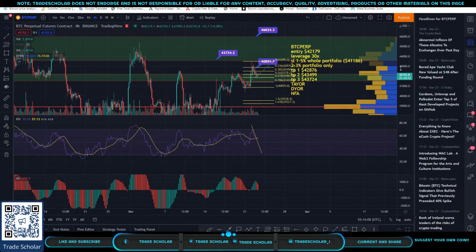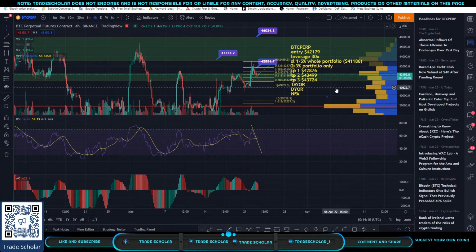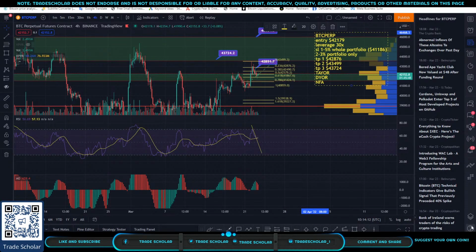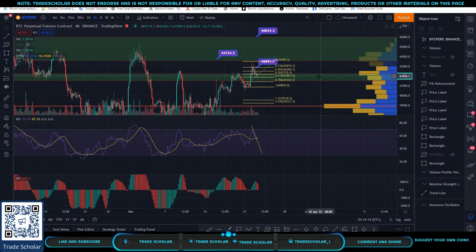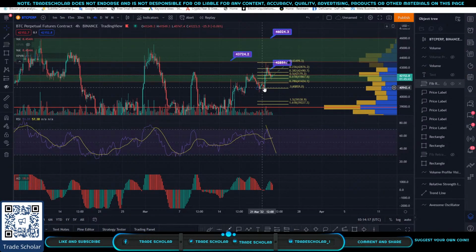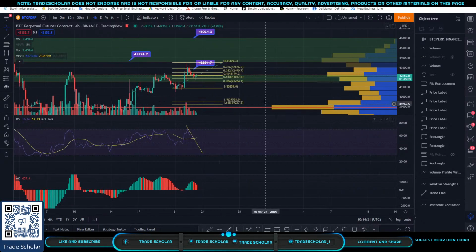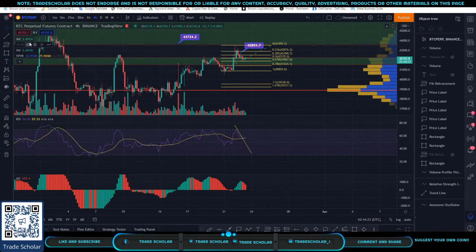Let me show some example. So right here, rally, and then low volume here.